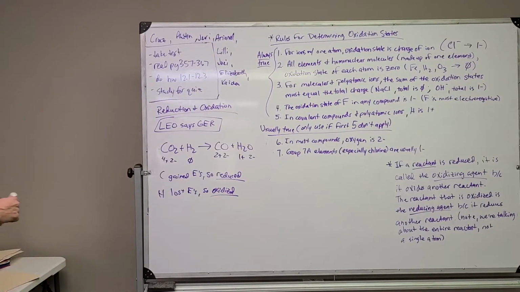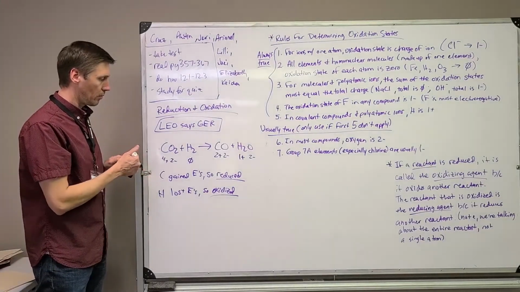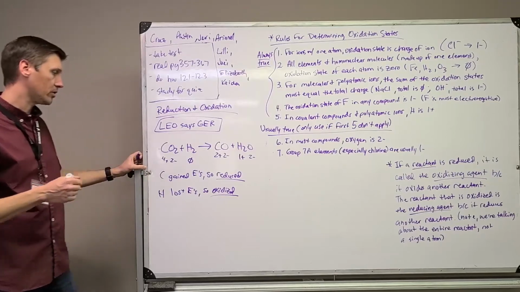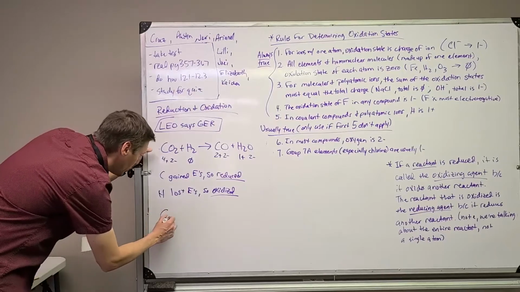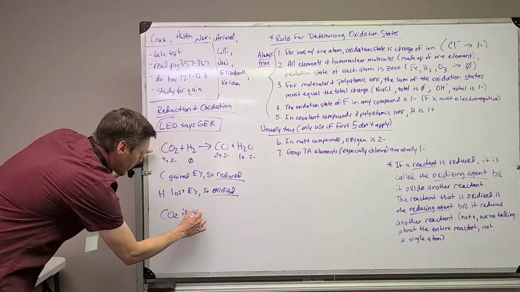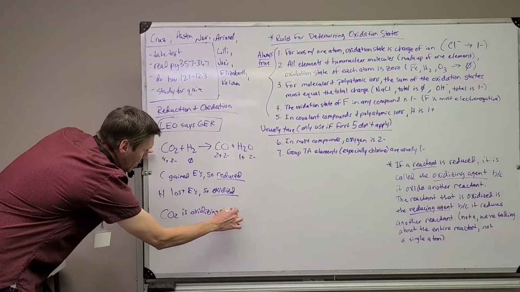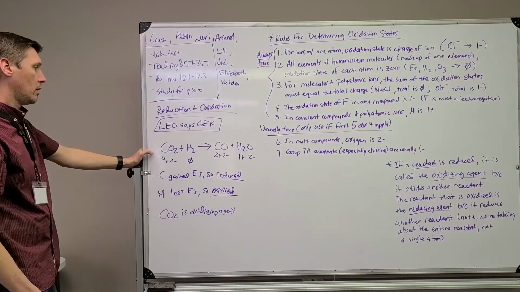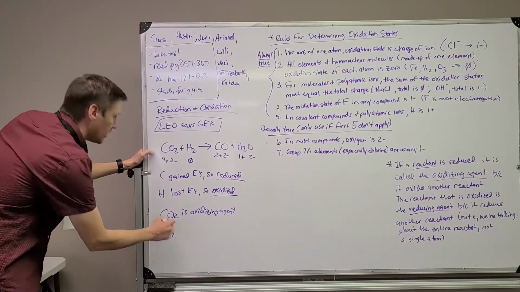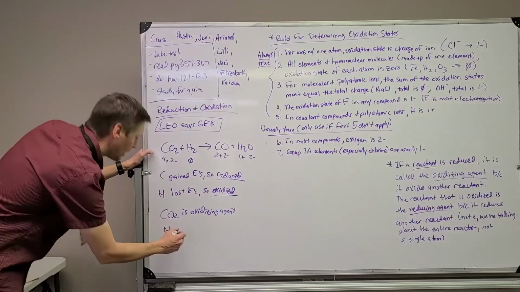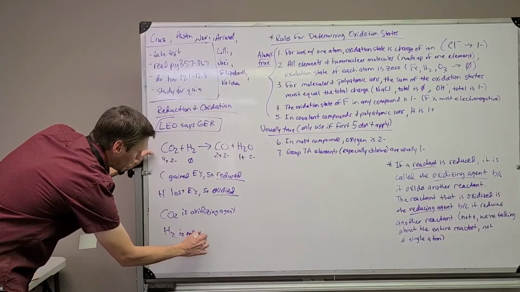Now, whichever reactant the C shows up in on the reactant side, because the C was reduced, that becomes the oxidizing agent. So CO2 is the oxidizing agent. The H2, because the H was oxidized, that reactant is the reducing agent.